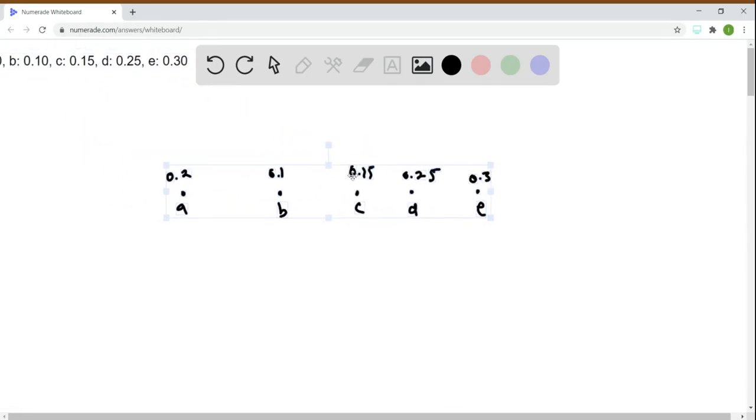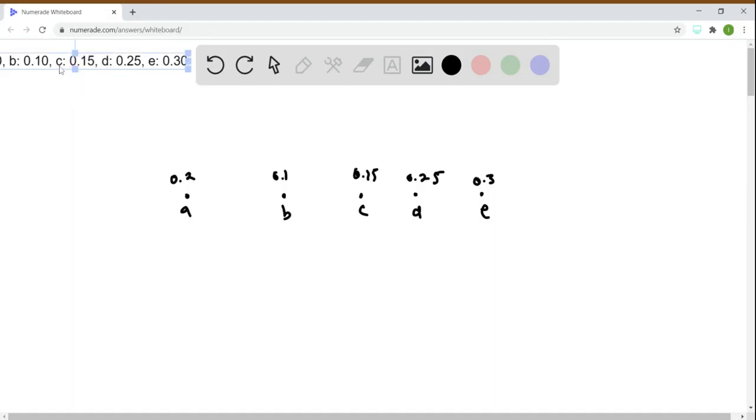The thing we want to do at this point is find our smallest two trees here and then combine them. So that looks like it's going to be 0.1 and 0.15. So let's go ahead and just move these off to the side for right now.